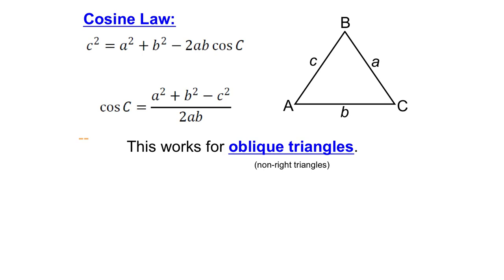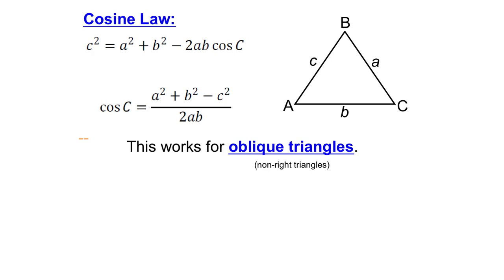Recall that angles, we use capital letters to represent them, and side lengths, we use lowercase letters to represent them. Sides opposite angles have the same letter, just uppercase or lowercase. So here, when you see lowercase c and uppercase C, they're talking about a pair of opposites. Angle C is the angle that you know.